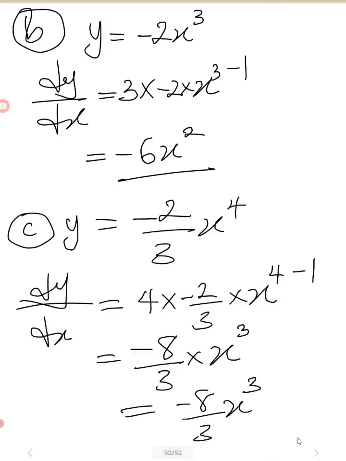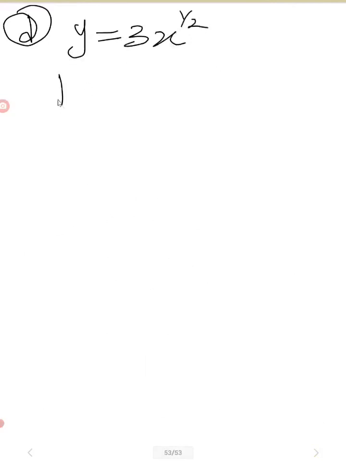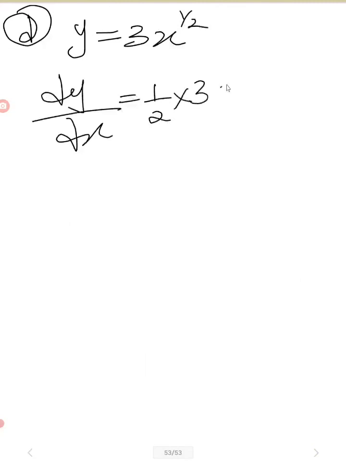So let's also solve one more to be able to get it better. For d, for example, we have y is equal to 3x raised to power half. You just have to apply the formula that dy over dx is equal to half multiplied by 3 and x to the half minus 1, which gives 3 over 2 times x.